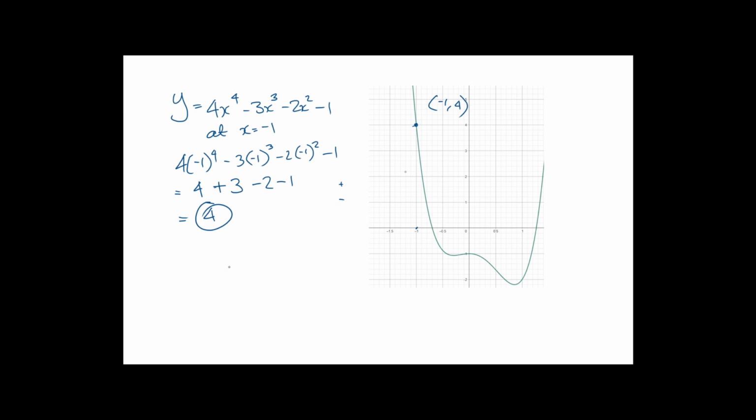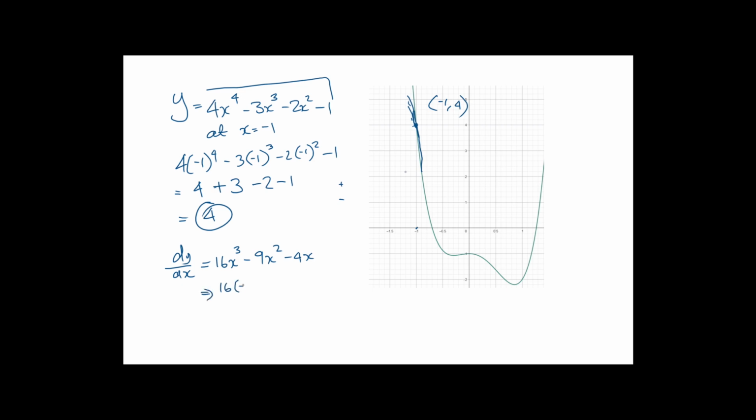Now we need to find the gradient of the line that's tangent to that curve where x equals -1. So we need to differentiate. Differentiating this one here: 4 times 4 is 16x cubed, 3 times -3 is -9x squared, 2 times -2 is -4x, and the -1 disappears. Then we put -1 wherever we have an x.